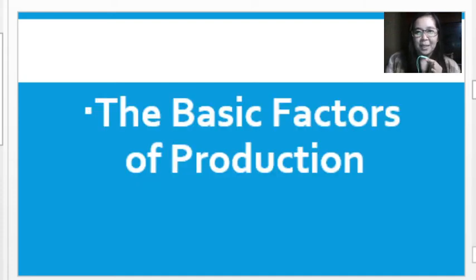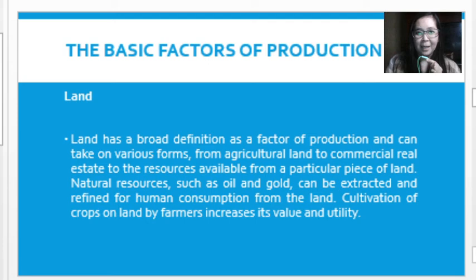Okay, so the next part is about the basic factors of production. Here we have the following. The first is land. Land can be in many forms. It can mean agricultural land where the farmers cultivate and produce crops. We can also mean land as somewhere there are natural resources that can be extracted, such as oil and other minerals.